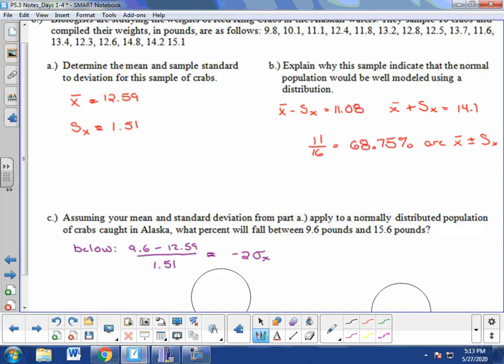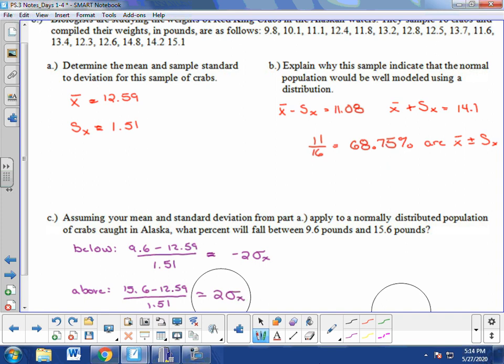We do the same thing for values that are above. For above, we'd have 15.6 minus 12.59 divided by 1.51, and we would get approximately 2 standard deviations above the mean.